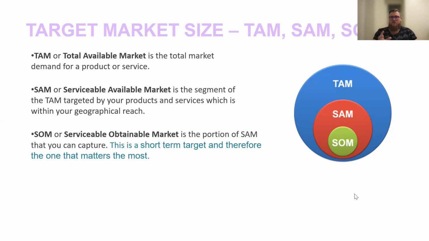If you're starting locally, you keep SAM local. Once you start scaling into a different country, say the next country you're going to is Poland, Latvia, Germany, then you can do the same exercise with that specific market.